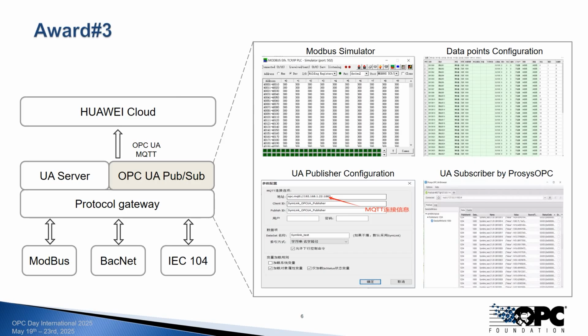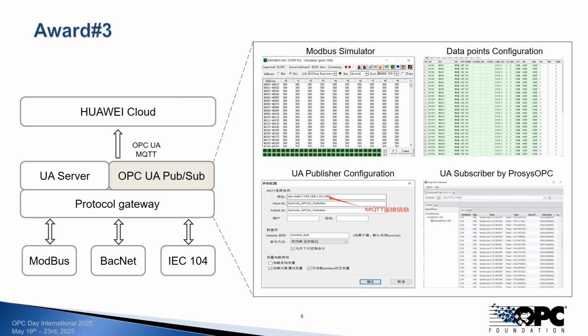In the engineering stage, users can utilize the configuration tool of the gateway to configure data tags and the communications to a Modbus simulator. Then, users need to set up the UA publisher to let the gateway exchange data with the MQTT broker.